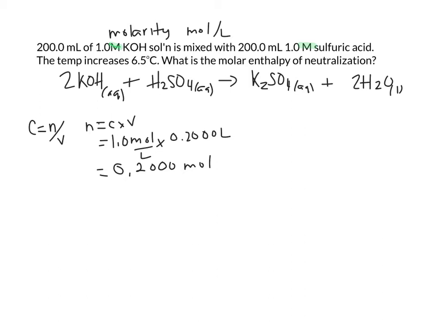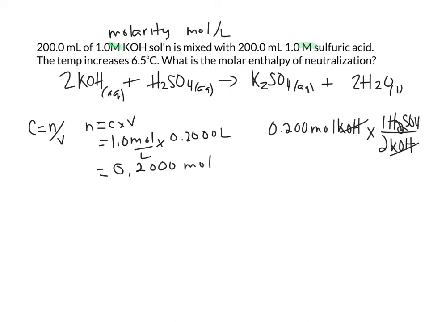So we need to figure out which one of our 2 reactants is limiting because they're not in a 1-to-1 ratio. We have 0.2, just going to pick KOH, 0.2 moles of KOH, and we need to figure out how much sulfuric acid is used. So we use our mole ratio from our balanced chemical equation. KOH is on the bottom because you want it to cancel.